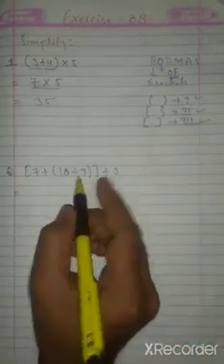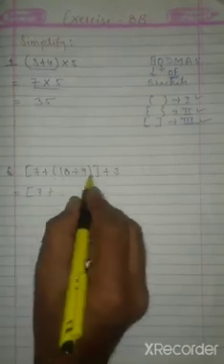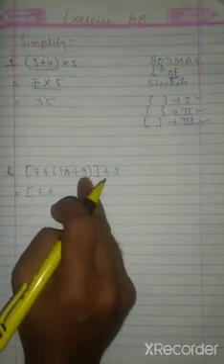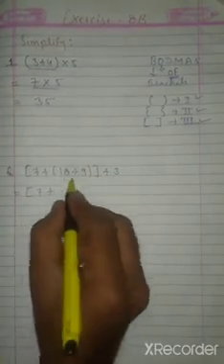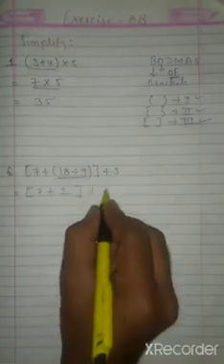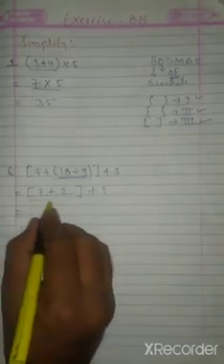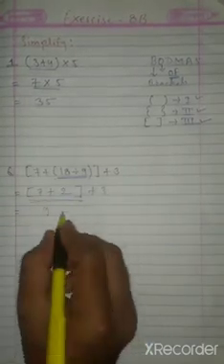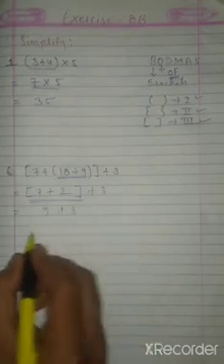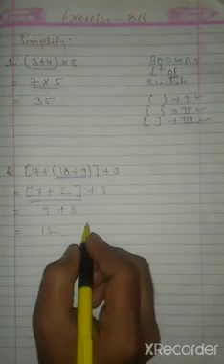So write 7 plus, in the bracket, 18 divided by 9, you will get 2. Round bracket solved first, then square bracket close plus 3. 7 plus 2 is 9. We will solve the square bracket now, then plus 3. 9 plus 3 is 12.